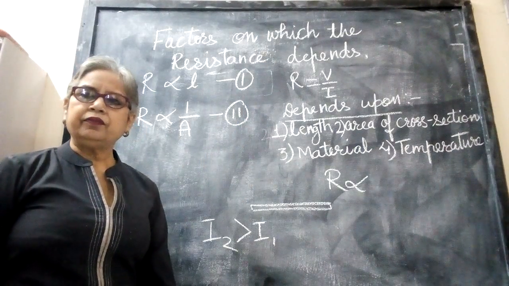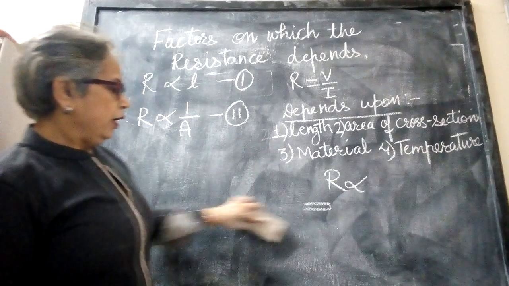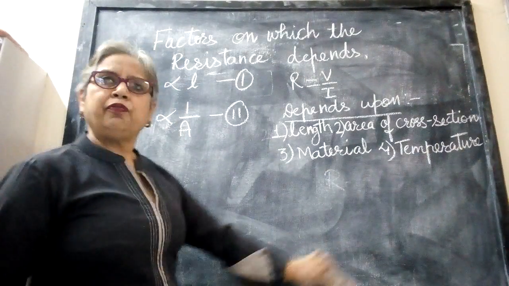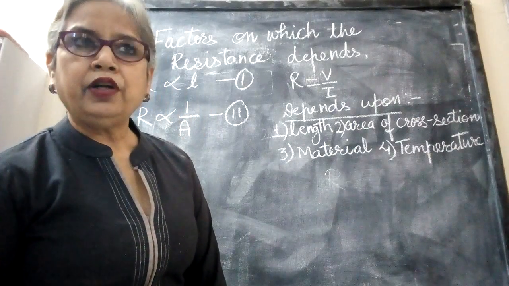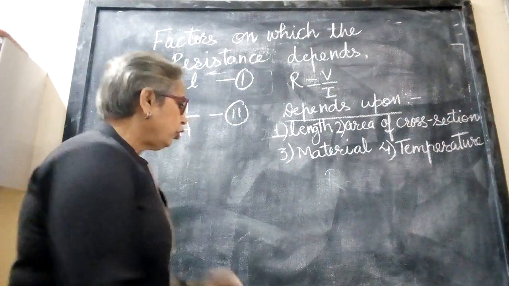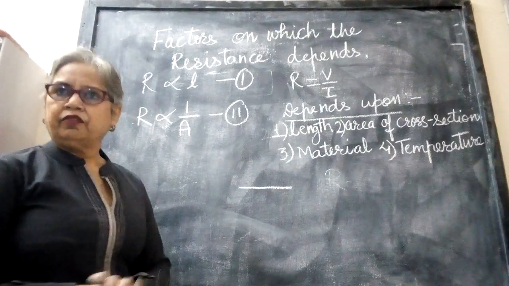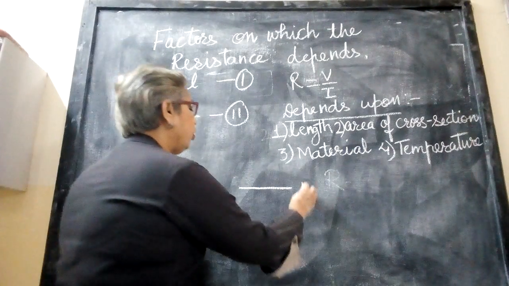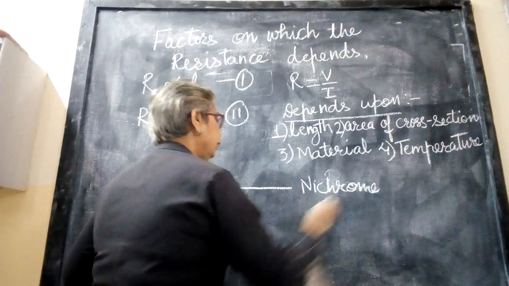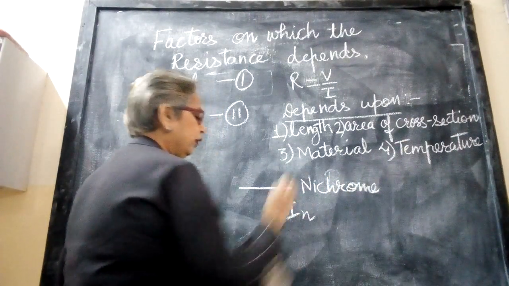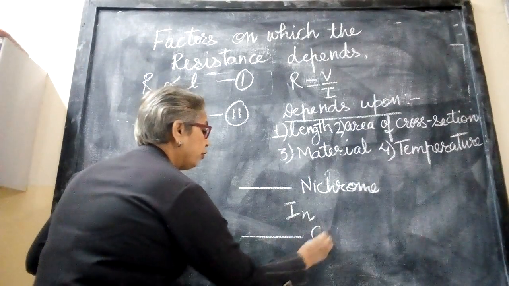Is this clear? Right? Now there is another activity, I think 12.2 in your NCERT book, where you change the material of the wire. Let us say it was nichrome wire. So IN is the current through the nichrome wire. Then you take copper wire.